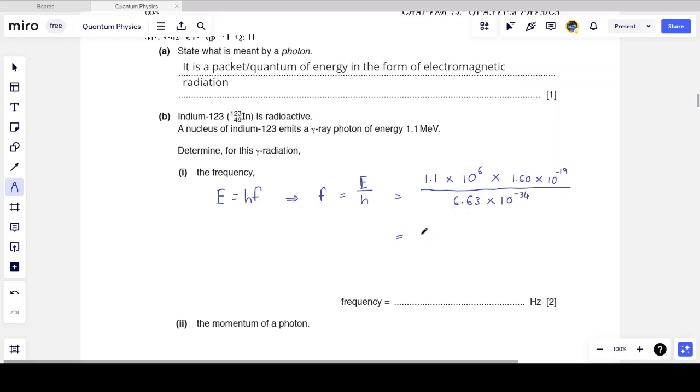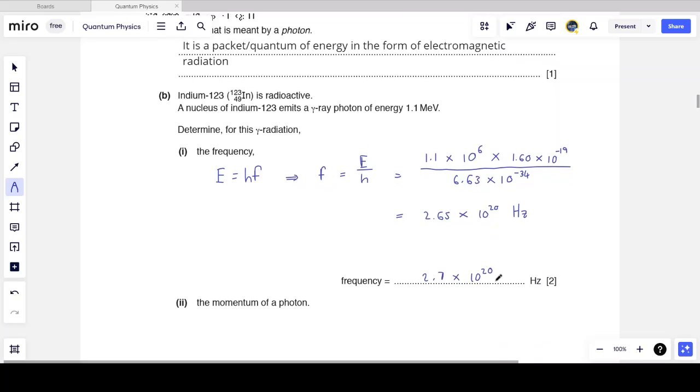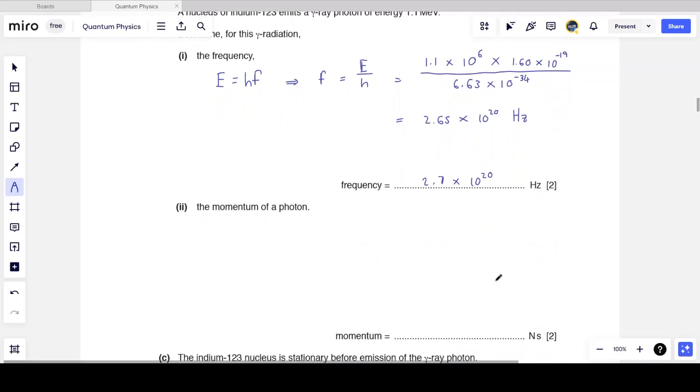And so what I should get is 2.65 times 10 to the power 20 hertz, very high frequency photon, I should say. And that's 2.7 times 10 to the power 20 hertz. And so that's the frequency of this gamma radiation.